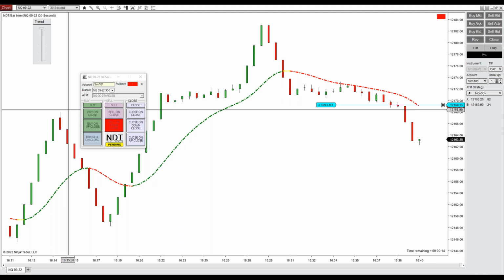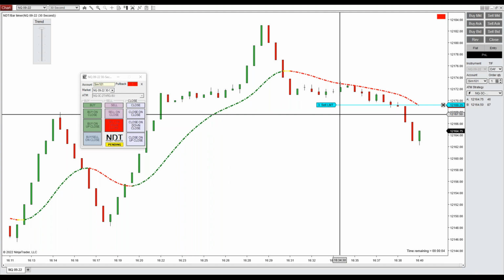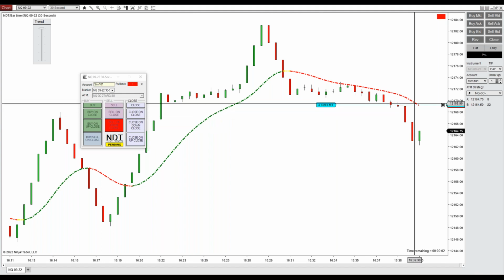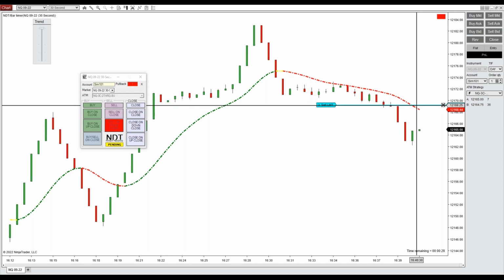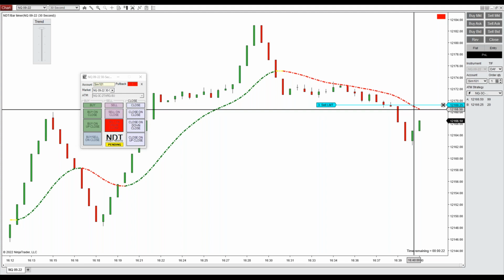Now, I don't know where the stop is on this one. It doesn't really matter. I'm not really going to worry about it. I think here's our entry. Now, the system is always going to take you out at break even if you hit a first target. But what I really want to show you is this 15.